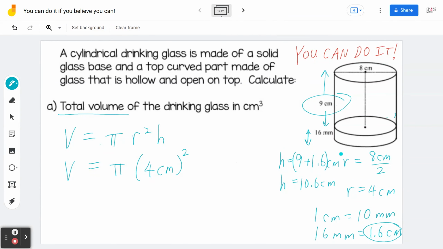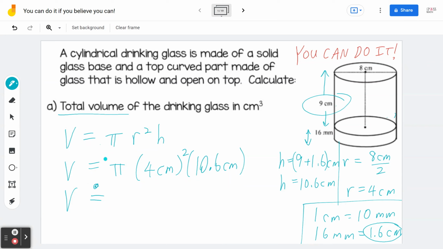I'll draw a line to separate those two ideas. I go back and write down height is going to be 10.6 centimeters.